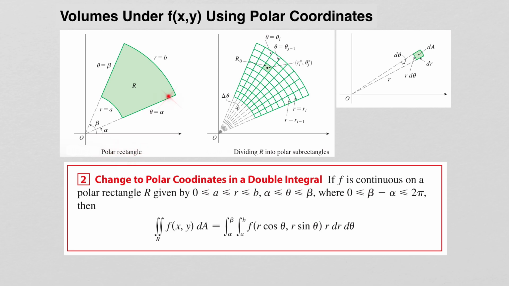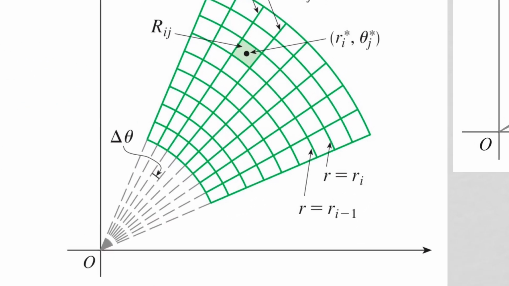That is, it is a simple polar region where r is between a and b, and theta goes in between alpha and beta. So to find an area on such a region, we partition the region. So we partition the thetas, and we partition the r's. And we get a bunch of little boxes.